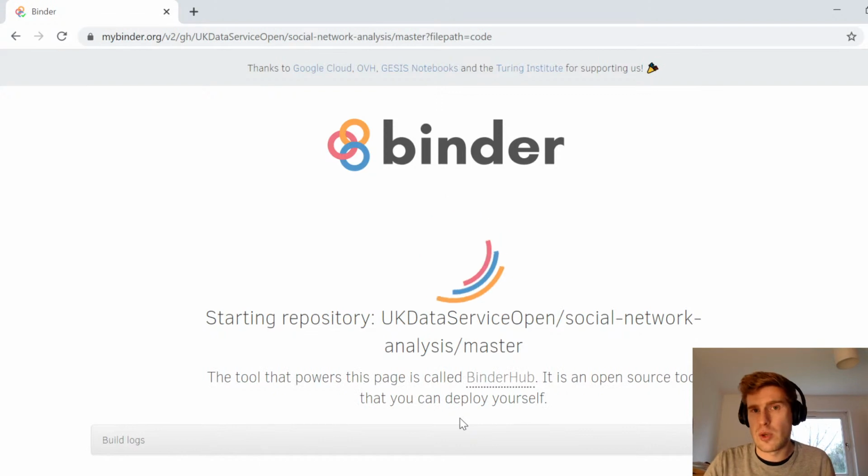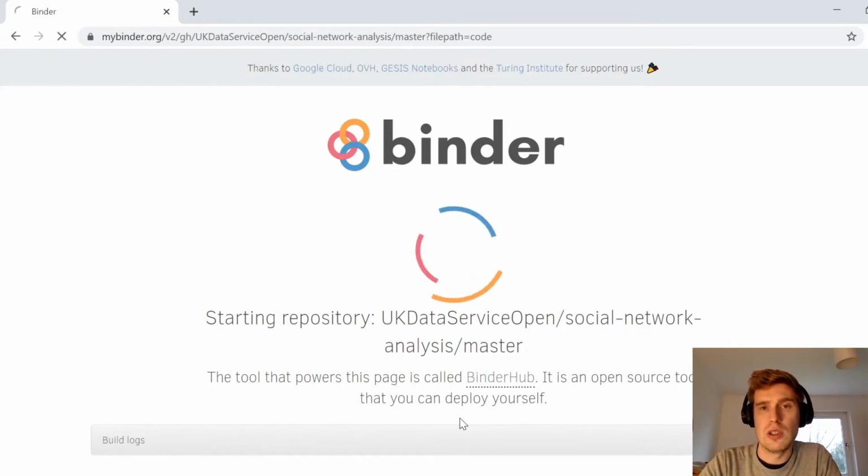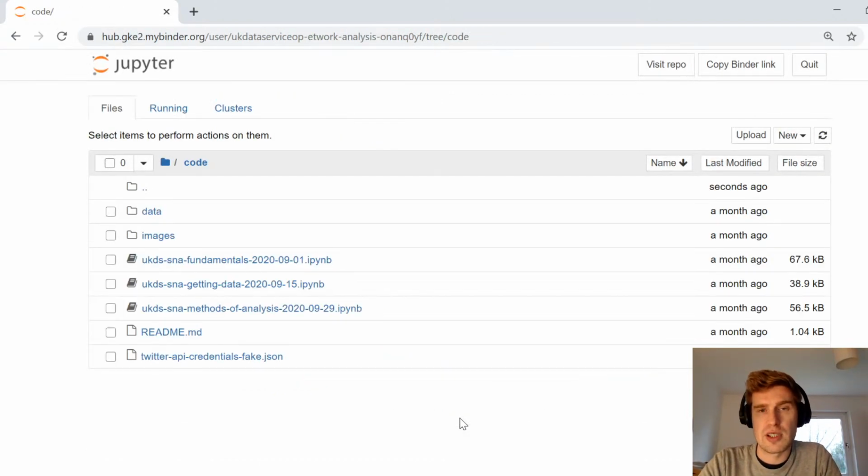Not only is this quite a useful teaching tool for us here at the Data Service, but it's also quite useful for you as an analyst. It allows you to share your code with others and allow others to make changes to your code without overriding what you've done yourself. So it's quite a good way of doing things. Once Binder, the cloud service we're using, has launched, you can see a folder like this.